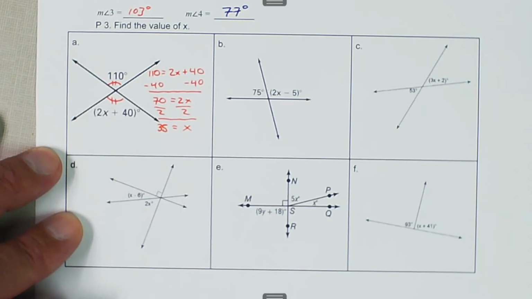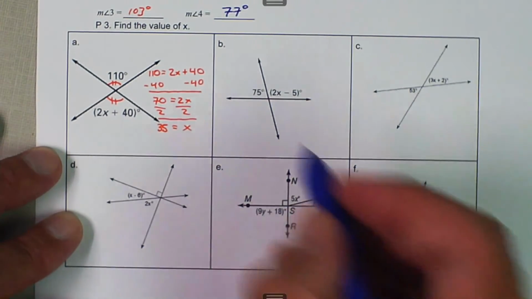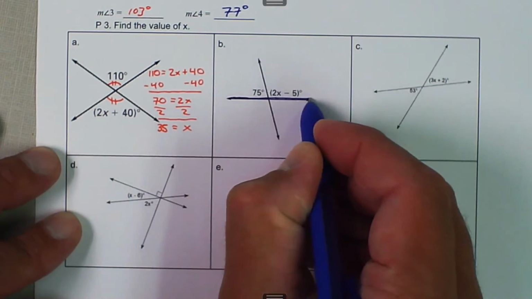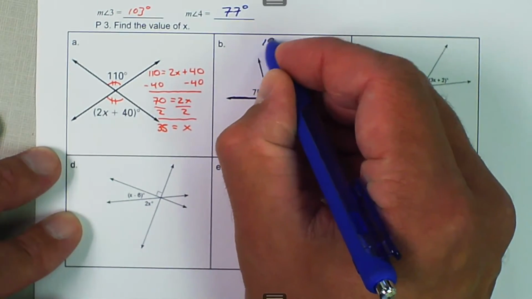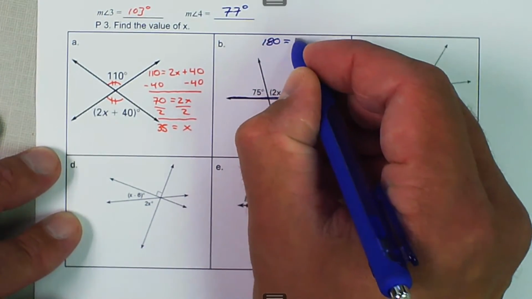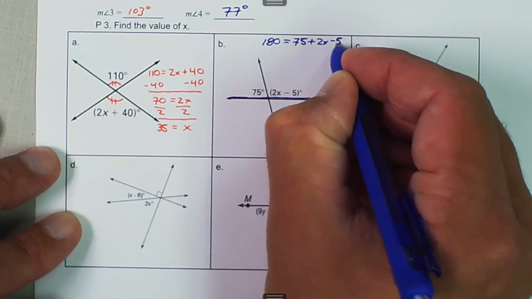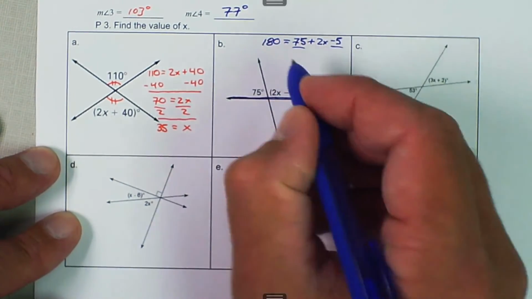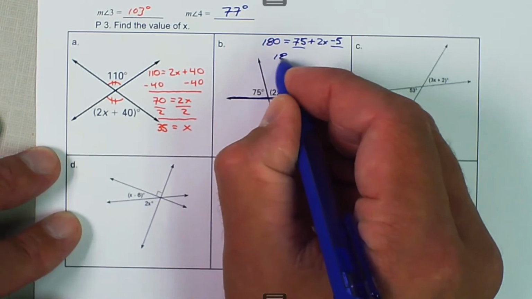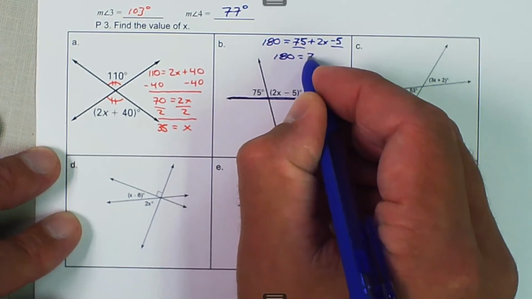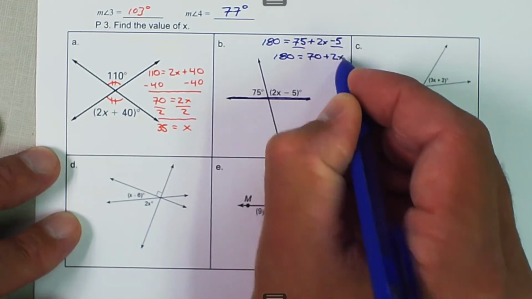The next one, we can see that we have a linear pair, and we know that a linear pair adds to 180 degrees. So that's equal to 75 plus 2x minus 5. Combining like terms, we get 180 is equal to 70 plus 2x.